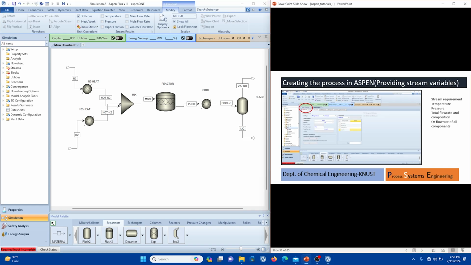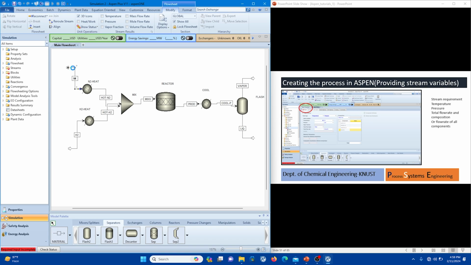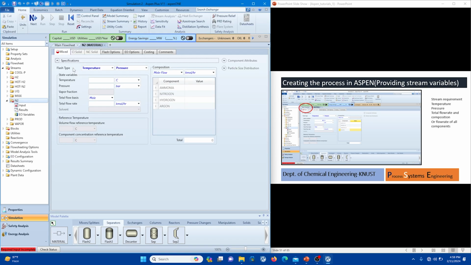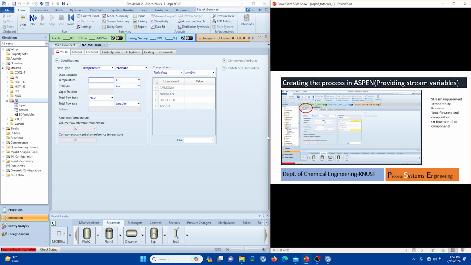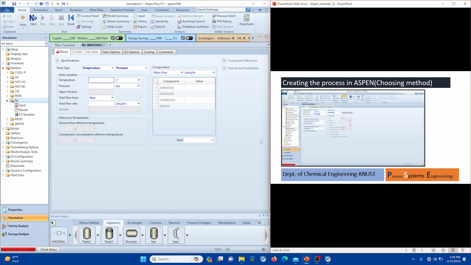So beyond this, we can now go on to specify our material streams. The way you do that is by double clicking on that stream, right? And that should take you to the stream specification page, where you'll be asked to specify the conditions for that stream. So we go back and read the parameters from our problem.